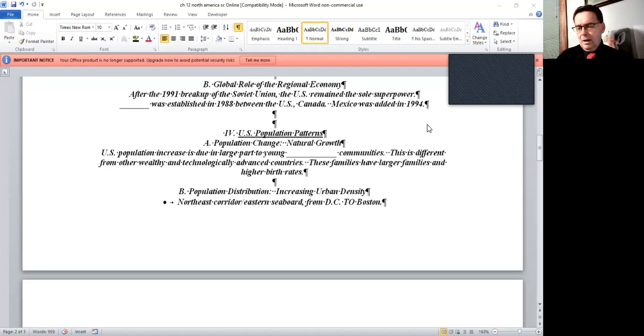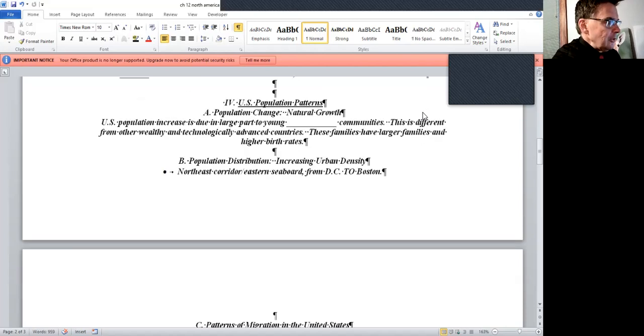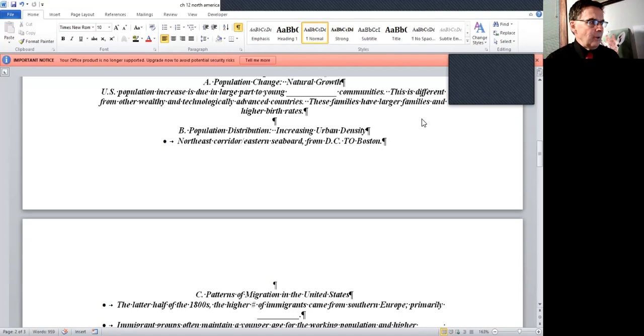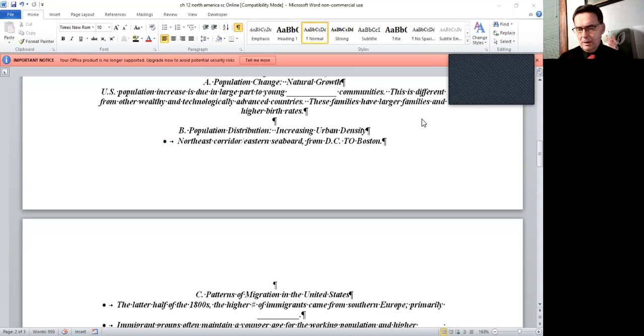So, population distribution, increasing urban density. The Northeast corridor, the Eastern Seaboard, right from Washington, D.C. to Boston. You can see on page 548 an inset map that shows you where that is.